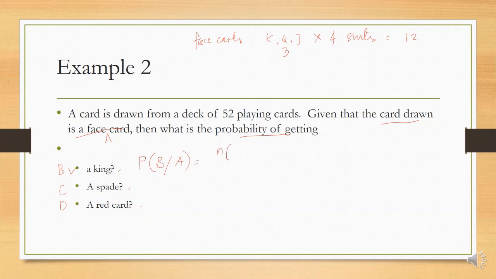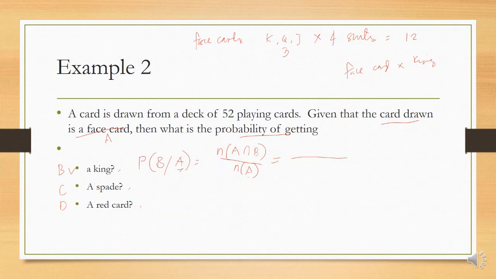So, following the general formula, we get this. We divide it by N of A, whatever is underneath. So, this is N of A intersection B. Meaning, it is a face card and at the same time a king. Okay? So, how many is that?